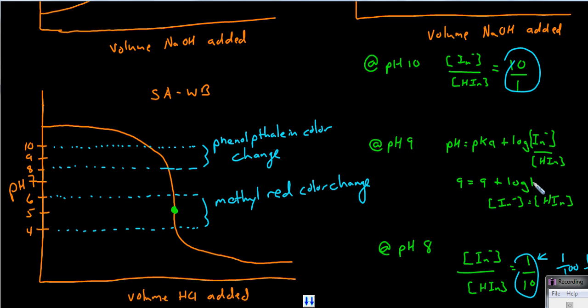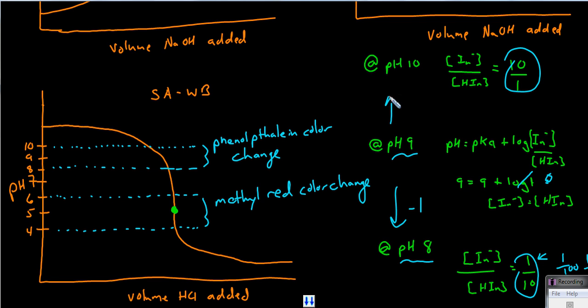And taking the log of this 1, that ultimately is just equal to 0. And so, yes, at a pH of 9, we have a 1 to 1 ratio, and at a pH of less than 1, we have slightly more of the acid, 10 acids to 1 base.